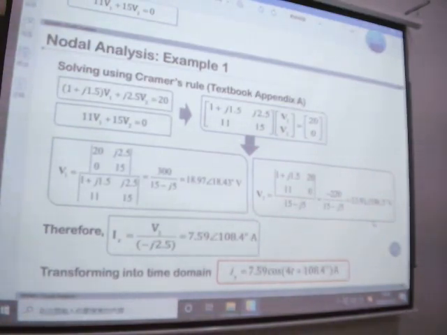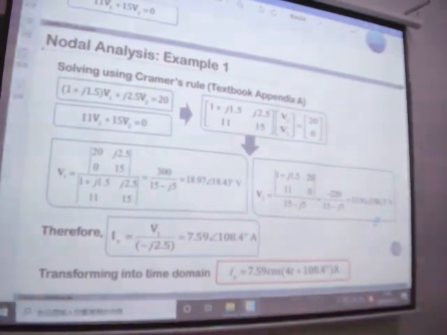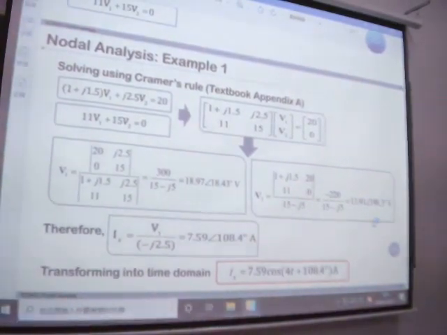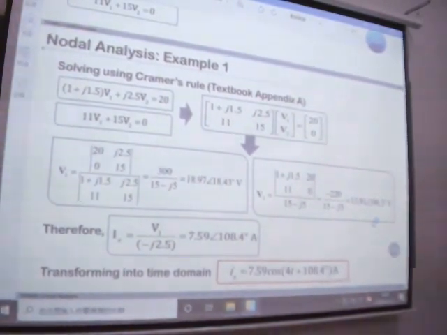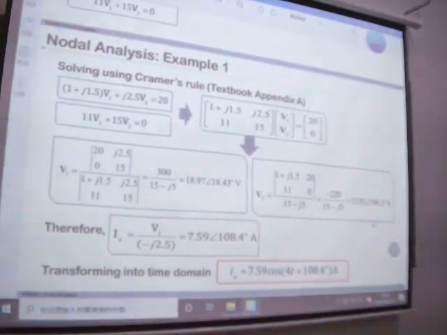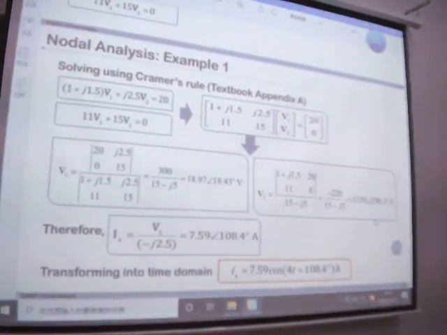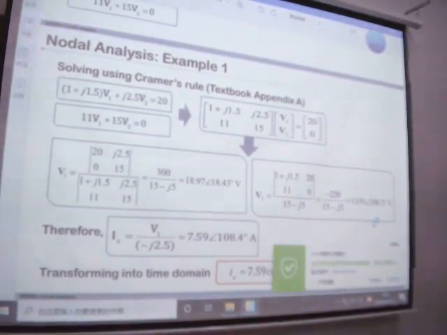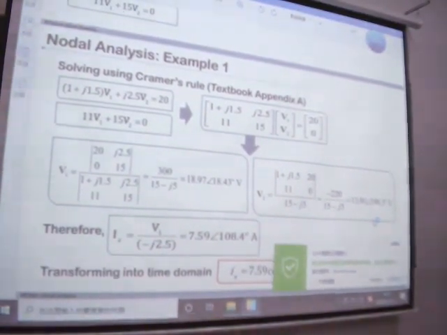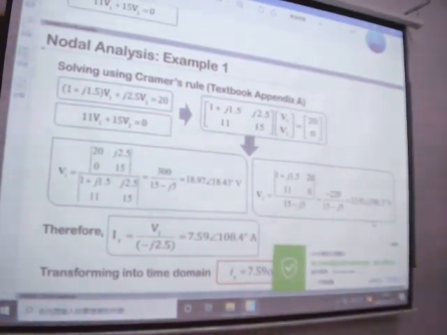For a complex number a plus bj, the amplitude is the square root of a squared plus b squared, and the angle is arc tangent of b over a. Clear? So we use those two equations and we get the amplitude and the phase. If you don't remember, go back to the PPT of last course.